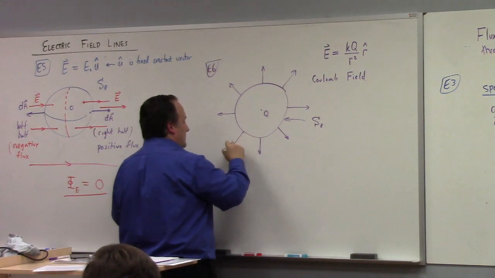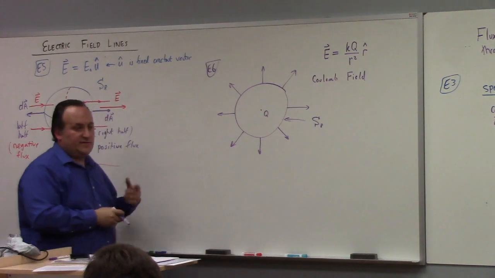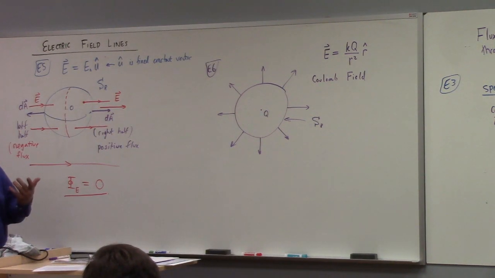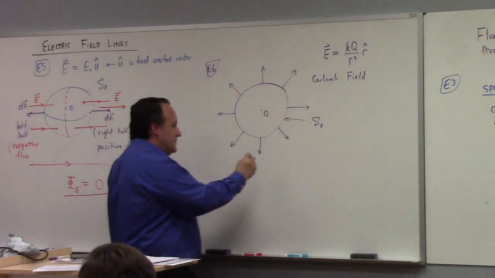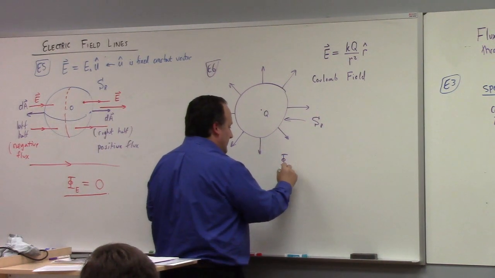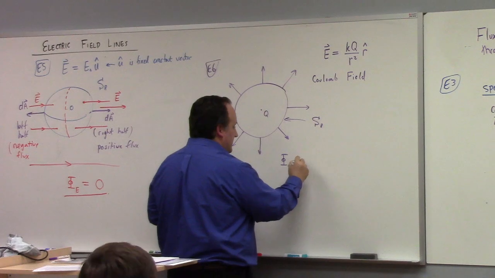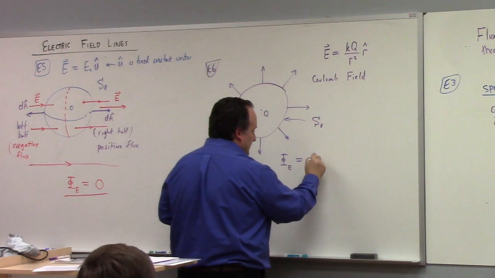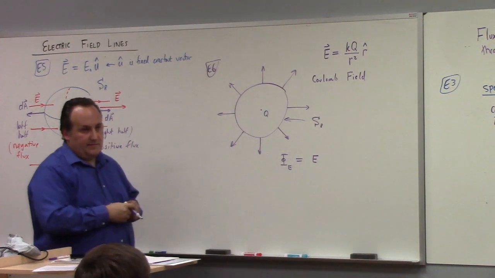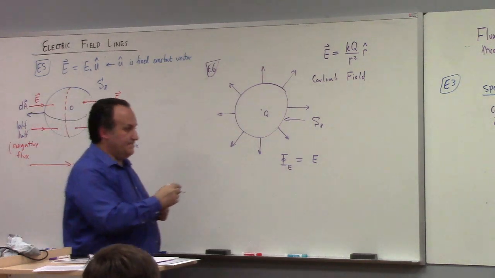They are parallel. These arrows I just drew could either be the electric field at the surface of the sphere, or they could be the normal to the sphere. Either way, they're the same. So the flux of the Coulomb field through the sphere of radius r should be the magnitude of the electric field there times the area.